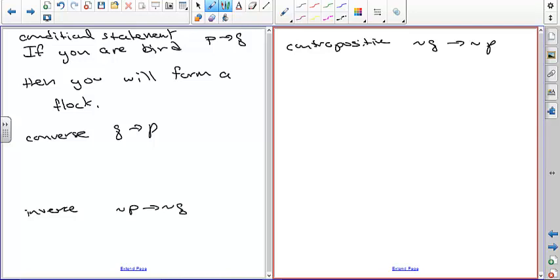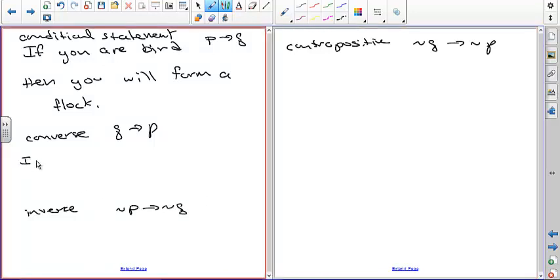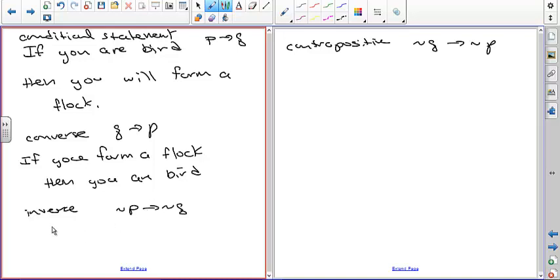So let me pick somebody. Zach, what is the sentence for the converse? It would be if you form a flock, then you are a bird. Okay, good. Jenna Klein, what's the inverse?